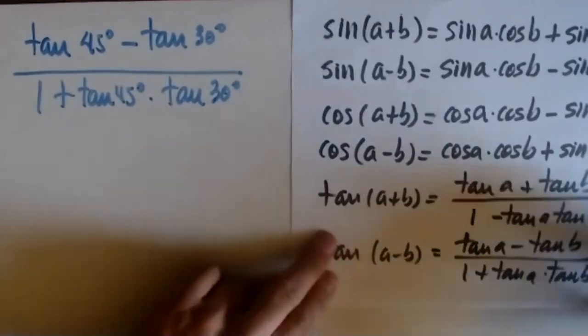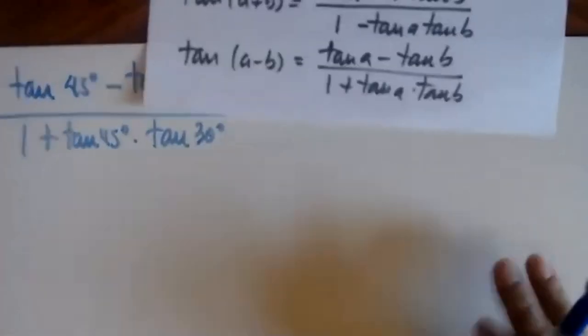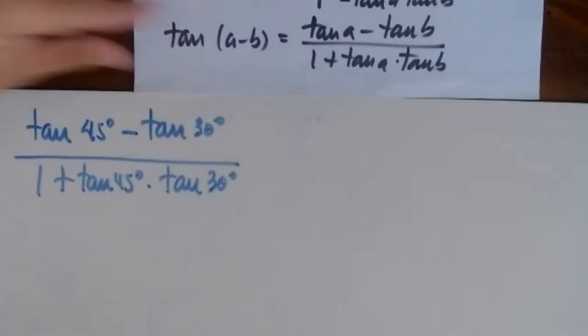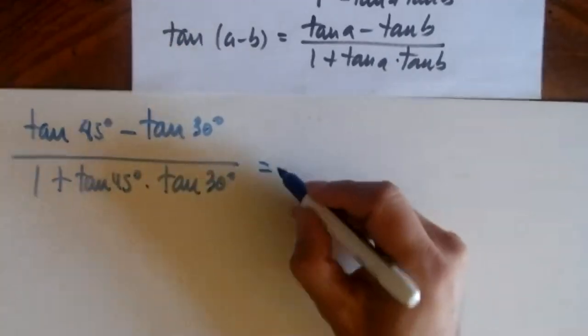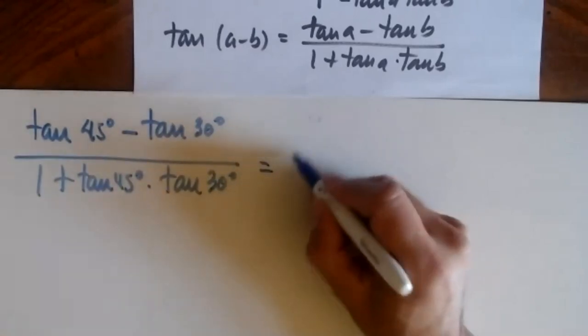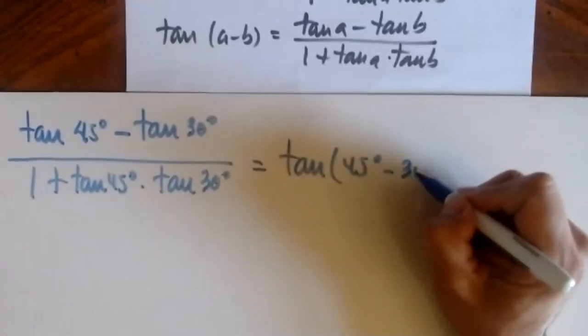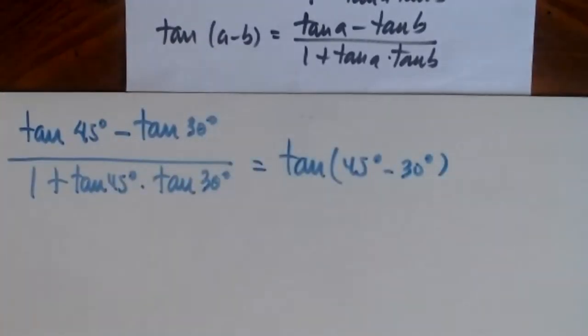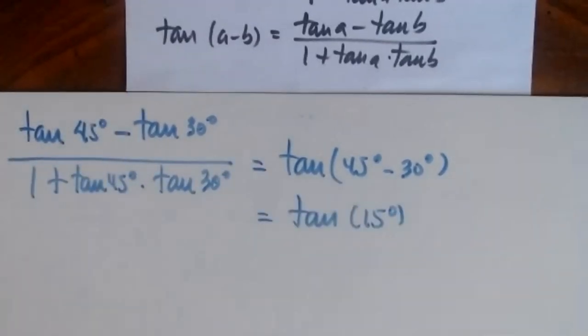Not a problem. A is 45, B is 30, so this is going to be tangent of 45 minus 30, in reverse. 45 minus 30 is 15, so this is tangent of 15 degrees.